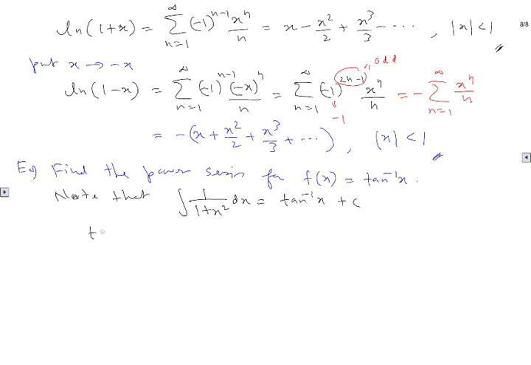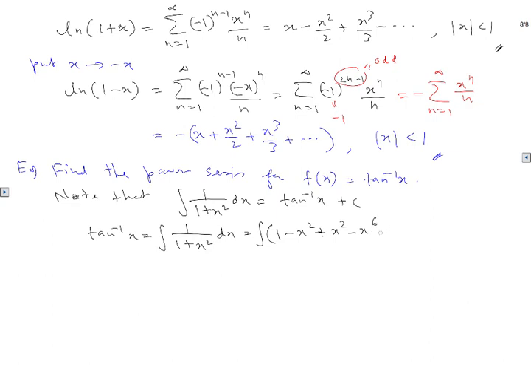So tan inverse x is equal to the integral of 1 over 1 plus x squared. We already did 1 over 1 plus x squared, so I'm going to use that. It was 1 minus x squared plus, because you just need to replace x by negative x squared in the original geometric series. That's what you want to do.